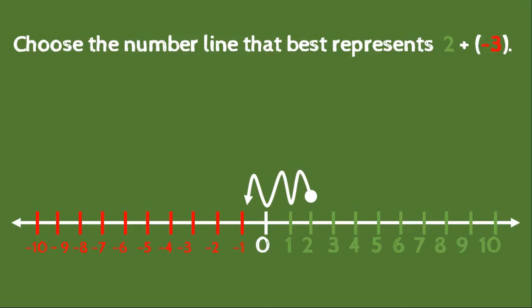From 2 to the left, 1, 2, and 3, and we end up at negative 1. We can simplify 2 plus parentheses negative 3 to 2 minus 3, and we also get negative 1, and that would make the correct representation.